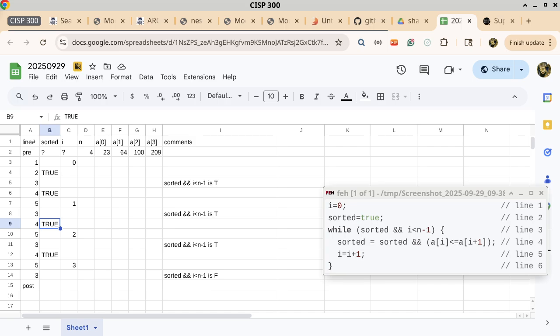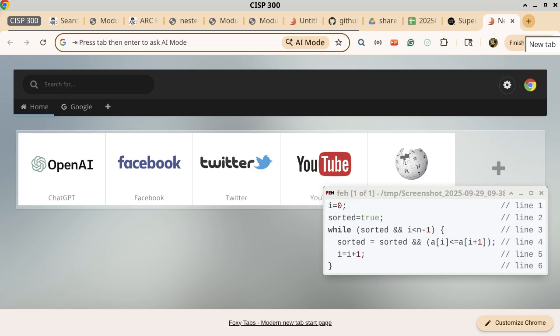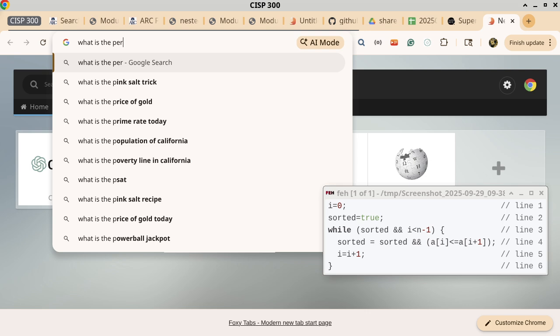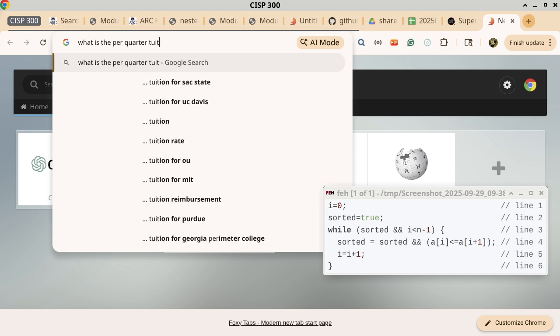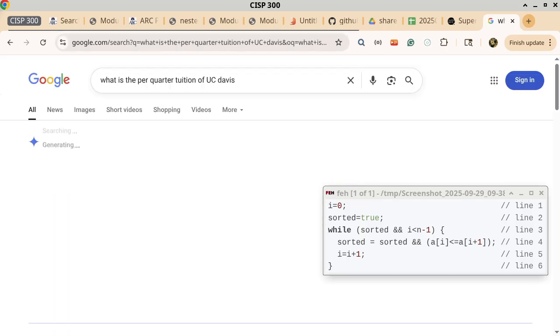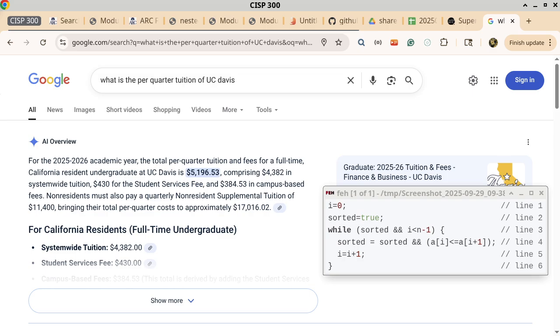With a UC, it will be on a per quarter basis, which means you have to pay three times a year as opposed to two. As long as you're enrolled, you still have to pay that number. We can look it up. What is the per quarter tuition of, we'll just pick UC Davis. All right, so it's only 5,000 something dollars.